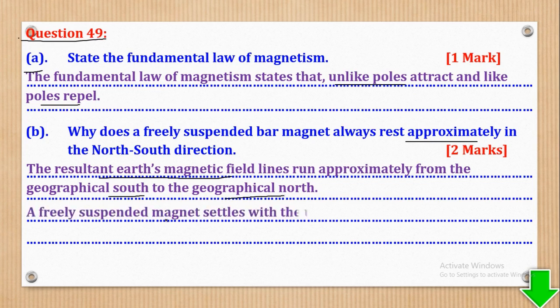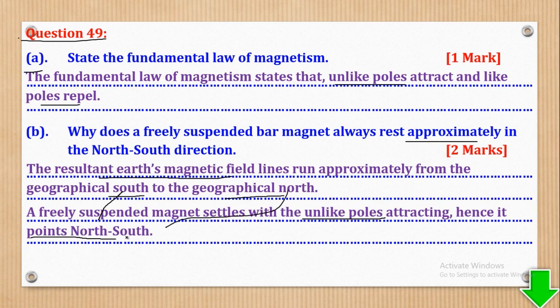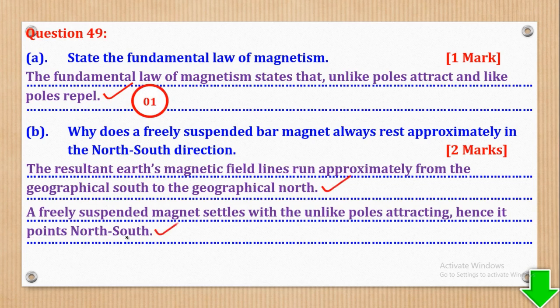It means that a freely suspended magnet settles with unlike poles attracting, hence it points in north-south direction. So unlike pole for this south will be north, unlike pole for north will be south. That's why it is north-south. So that's how the marks could be distributed.